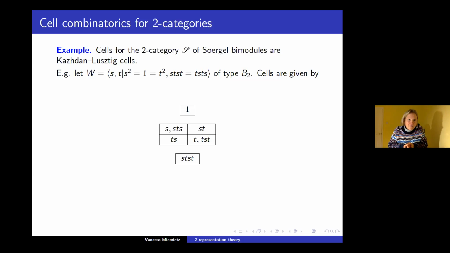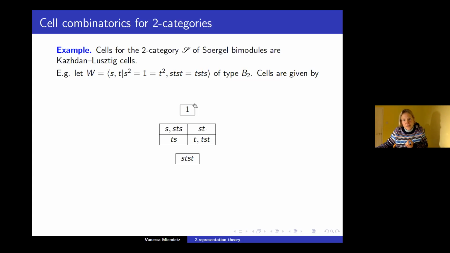So if we have a Coxeter group of type B2, that's just the dihedral group with 8 elements, then the cells are given by this picture. I'm drawing them slightly differently from what Soergel wrote yesterday: these are the left cells, and he just wrote them in one line, but I also want to encode the right cells.